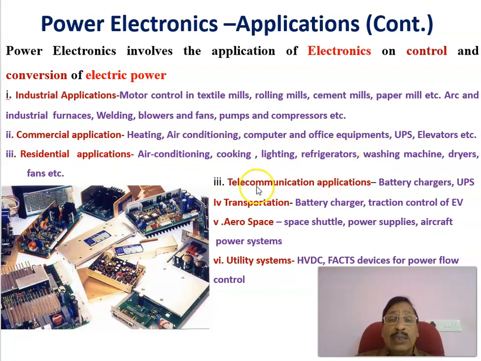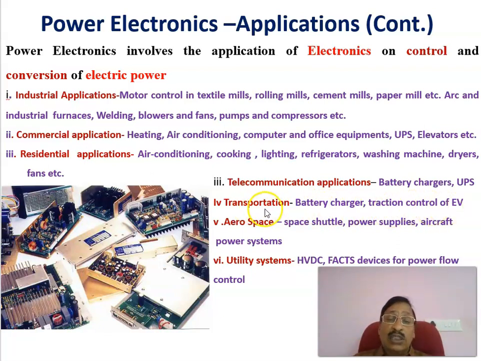Another one is the telecommunication application, especially battery chargers and uninterrupted power supplies that are required in telecommunication. Then transportation: it is widely used, like battery chargers for traction purposes, that is, traction control of electric vehicles.